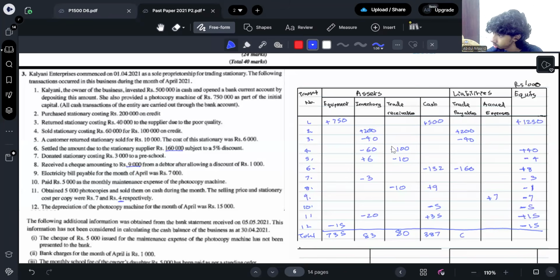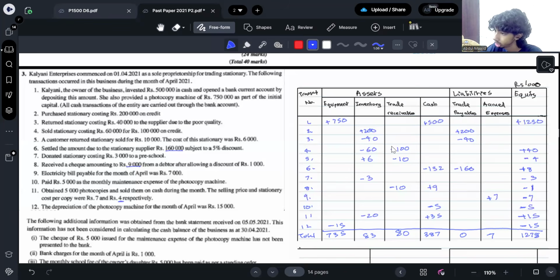Equity: 1250 plus 40 minus 4 plus 8 minus 3 minus 1 minus 7 minus 5 plus 15 minus 15, 1278.